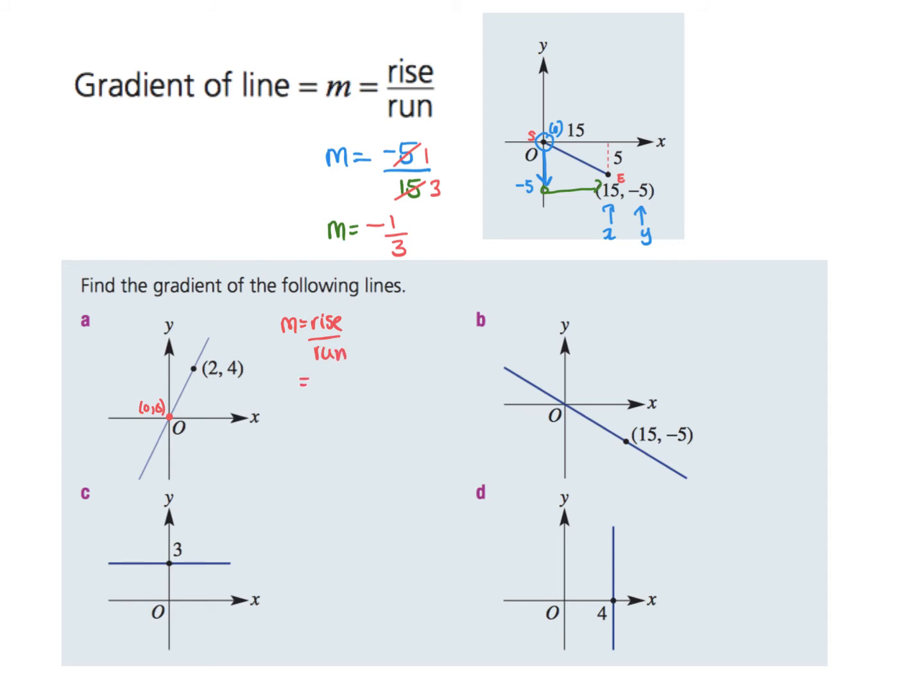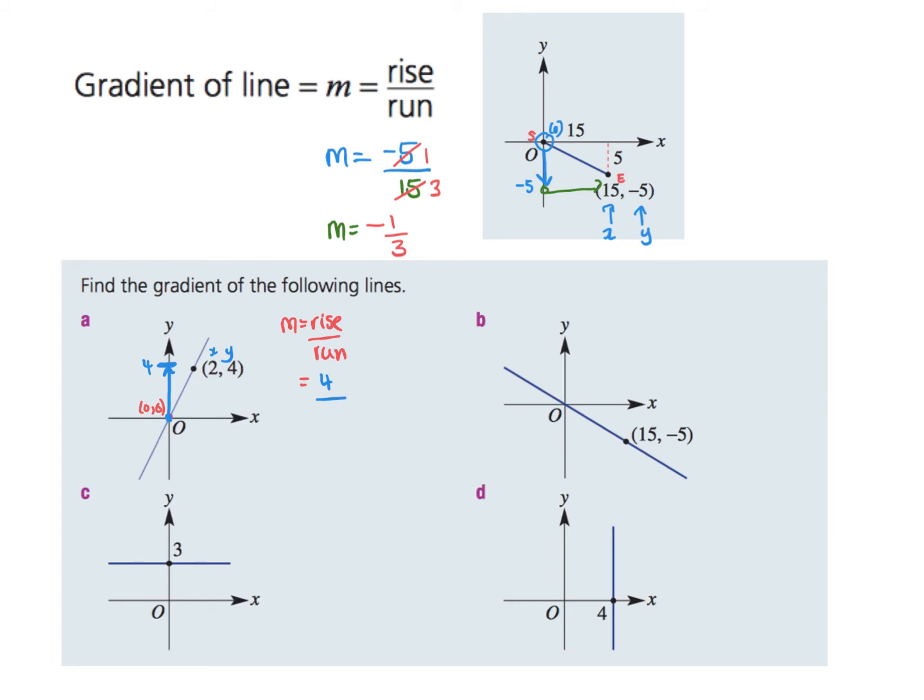Let's do the rise. On the y, we go from 0 up to what? What would this number be? Who can tell me? That's x, that's y. Over here, what's that in line with? 4, good. So my rise went from 0 to 4. So that's 4.